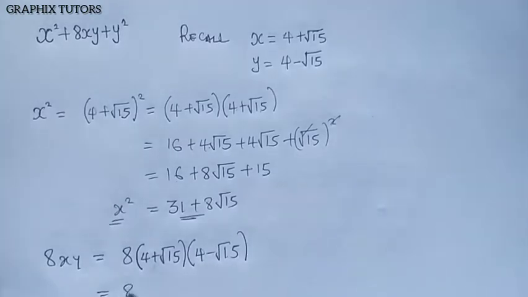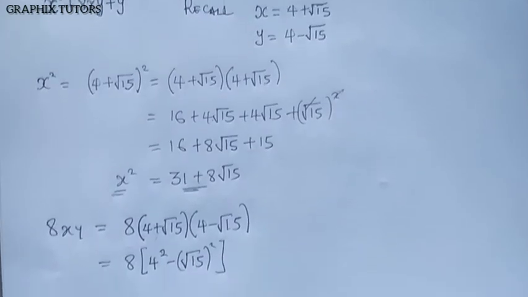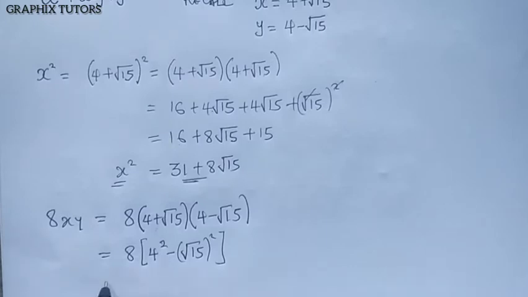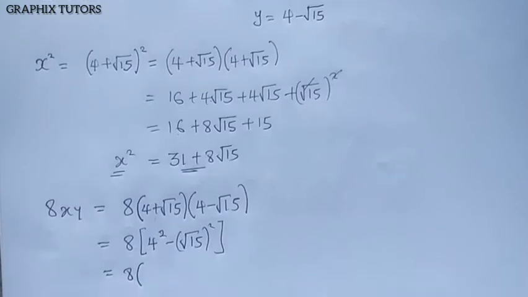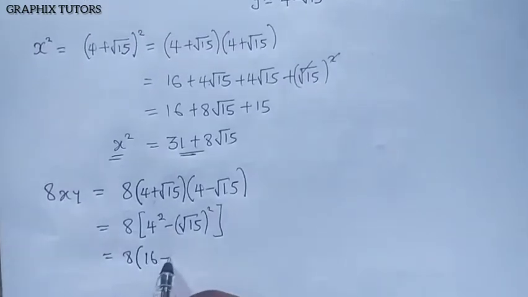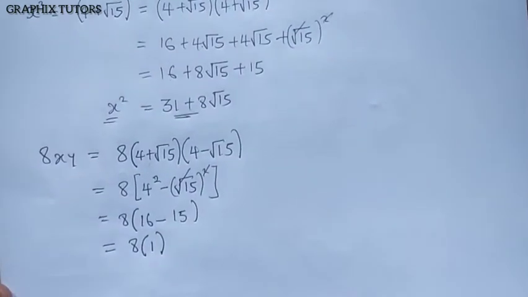So write your 8 into bracket 4 squared minus root 15 all squared, because they are conjugates. So this gives me 8 into bracket 16 minus 15, since the square cancels the root, and 8 into bracket 1. So 8 times 1 gives us 8. Are we good?